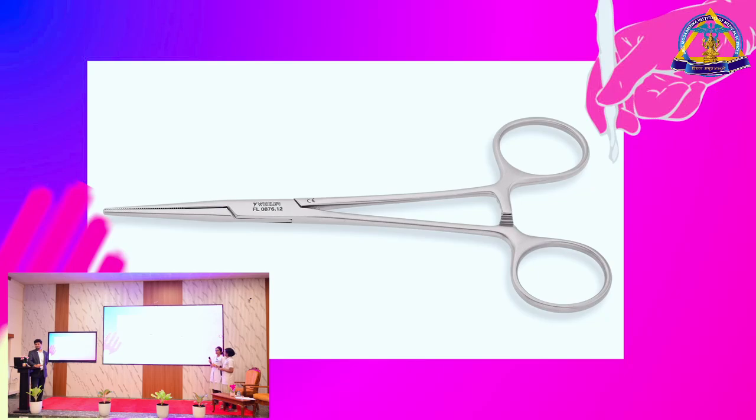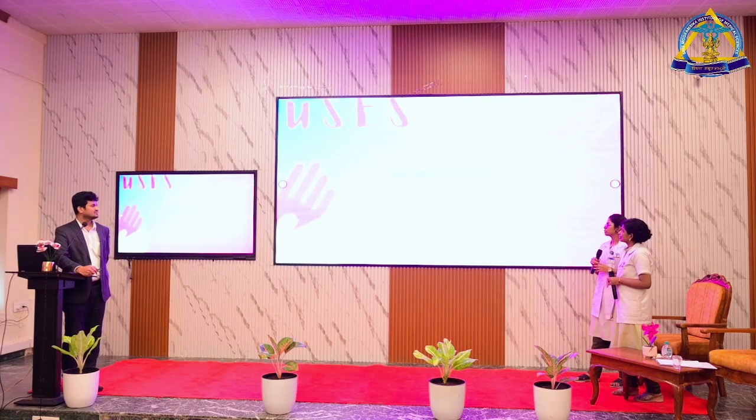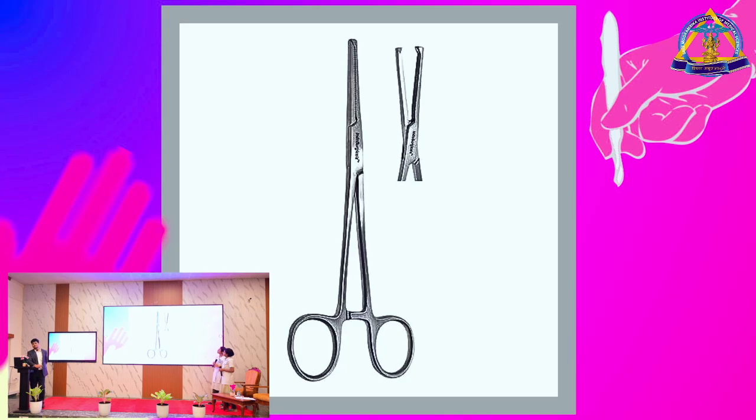And what is this one? Straight artery and curved artery forceps. What are these used for? Hemostasis, they are hemostatic. And what is this one? This is also one of the favorites for many examiners, because it will be confusing. Kocher forceps. What are the uses?